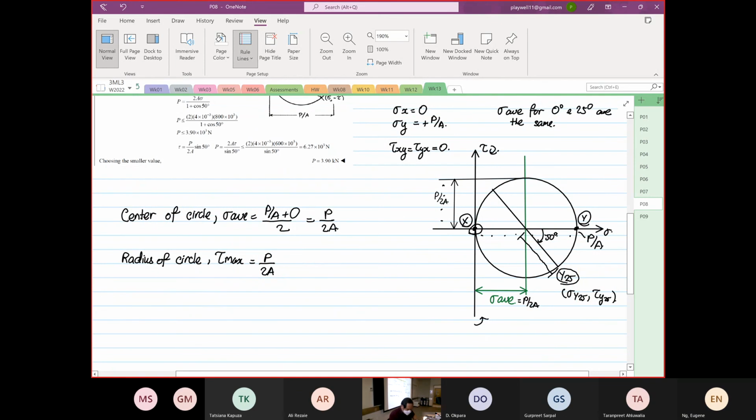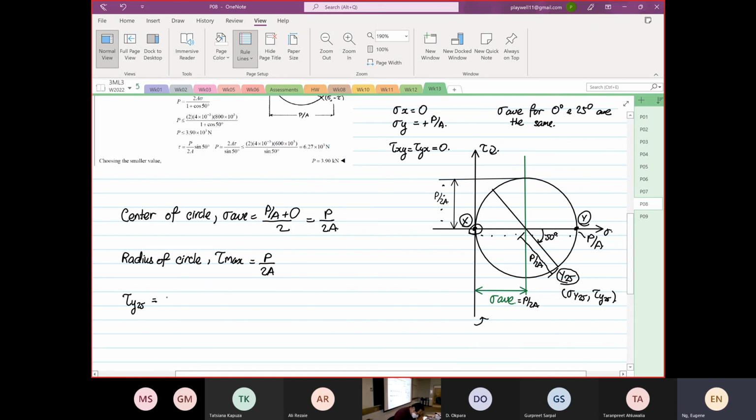Okay? Right. So now we know that the radius is P over 2A, right? We can now find shear Y25. Shear Y25 is sine. All of a sudden, I don't know how to do my sine and cosine.